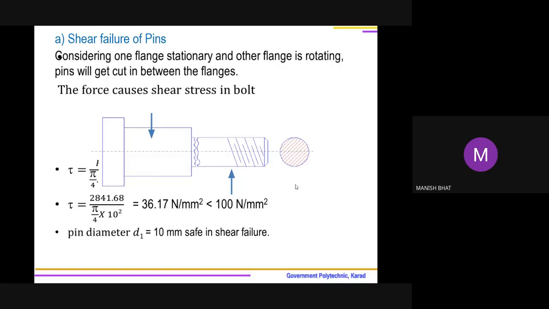It is pi by 4 D1 square. So tau is equal to the force on an individual pin upon pi by 4 D square. D is 10. So the shear stress will be 36.17, which is less than the permissible 100 Newton per mm square. So you can say that the pin diameter we have chosen is correct, and the pin is safe in shear.